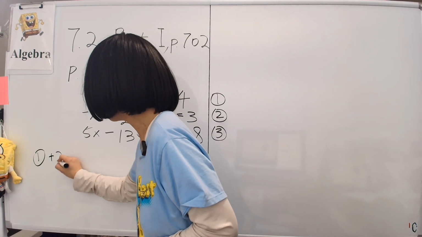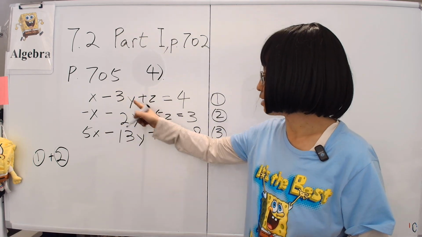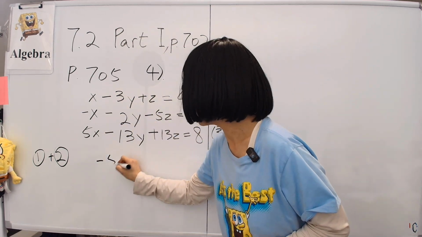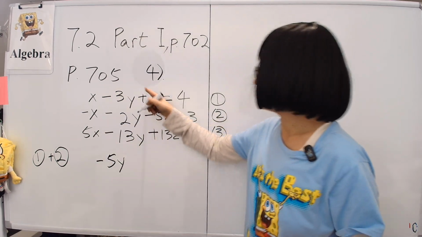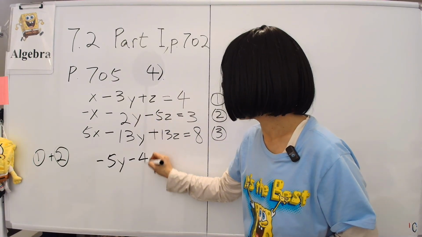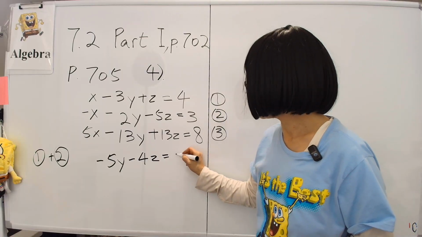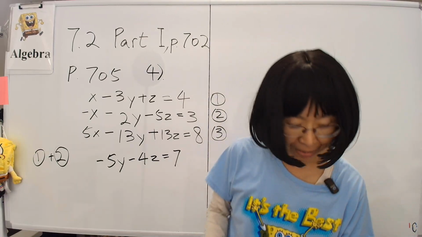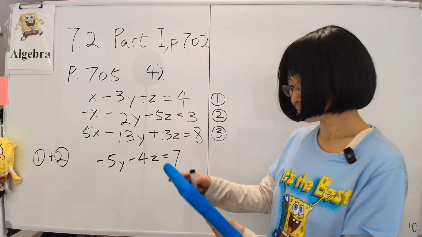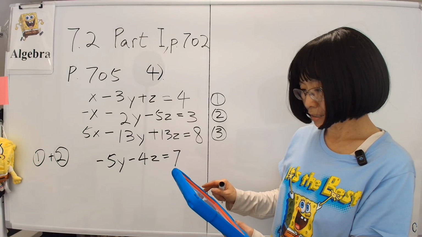1 plus 2. This will cancel out. That will become negative 5y, and then minus 4z equal to 4 and 3, that should be 7. Okay, and that is, no, I'm already getting it messed up.